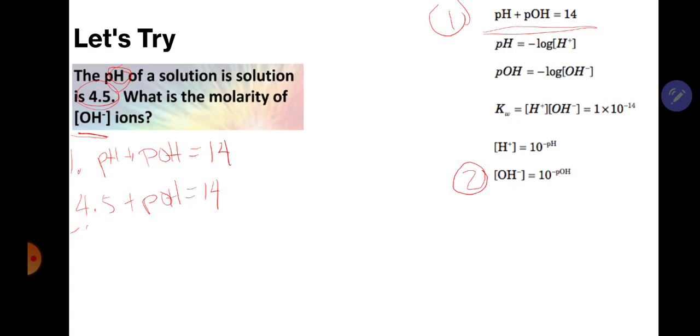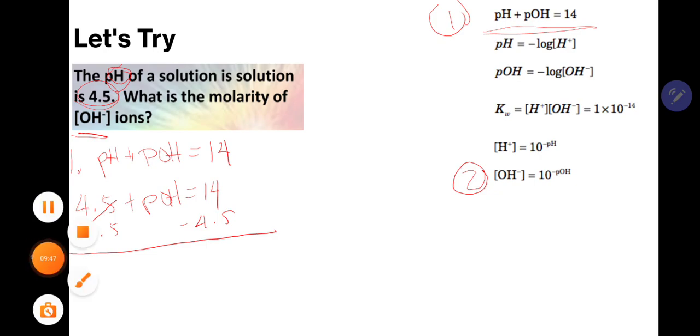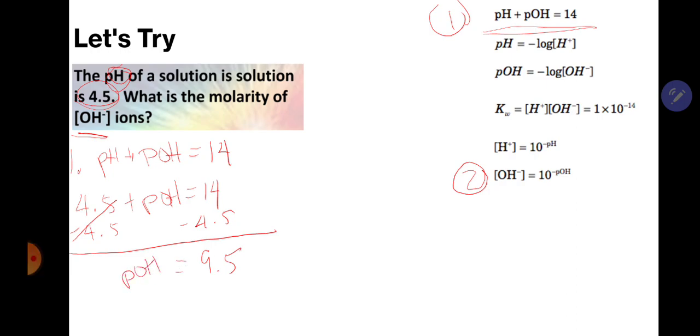Subtract off what we know. 14 minus 4.5 would be 9.5.